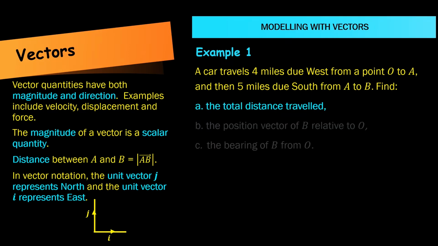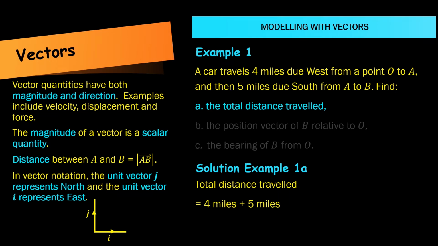So let's solve example 1a first. A car travels 4 miles due west from a point O to A, and then 5 miles due south from A to B. Find the total distance travelled. So let's solve this.